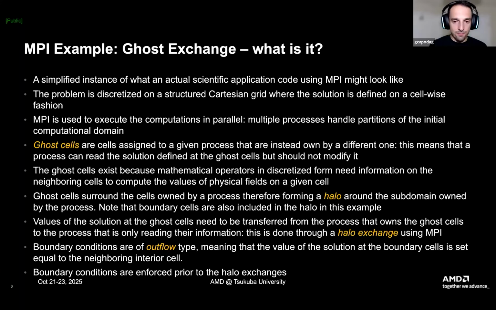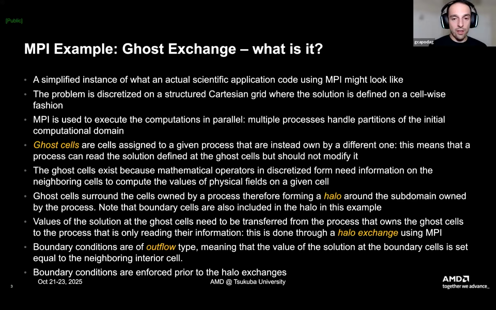Okay, so in this ghost exchange example, we have a rectangular domain that is discretized with a structured Cartesian grid, and there is an initial solution defined cell-wise. So basically there is one value for each cell.